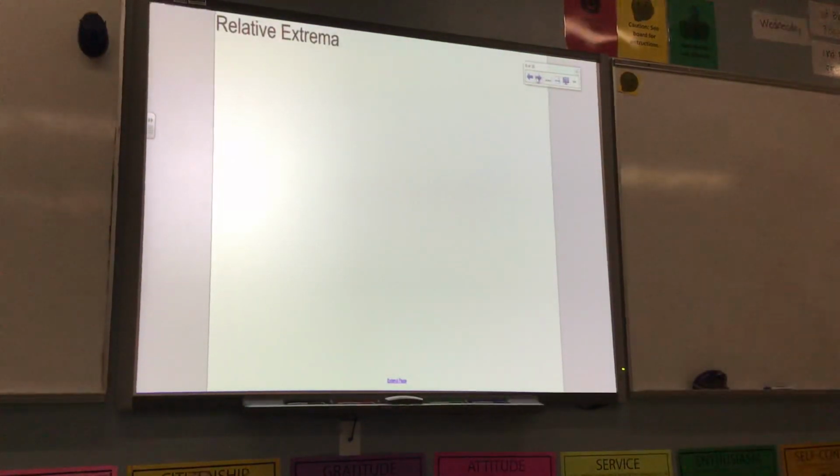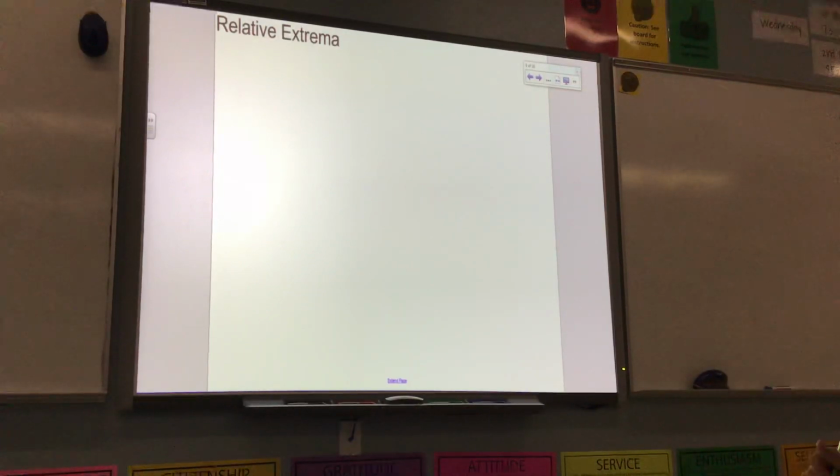Okay, relative extrema. Relative extrema are turning points of your function.